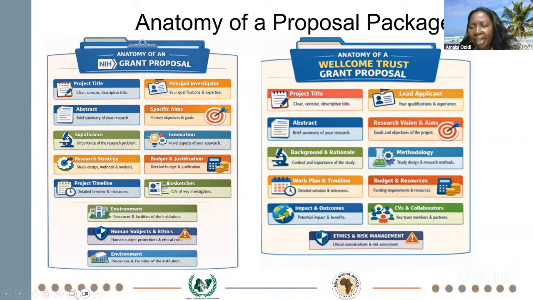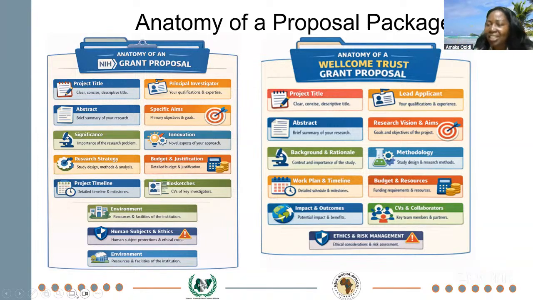Now, in recent time, having gone into Wellcome Trust, we found out that Wellcome Trust also has some specific unique things that ordinarily you may not think. But when you go into their platform, you will find out that there are small other things that you need to assemble so that you are not beaten down at the last minute.